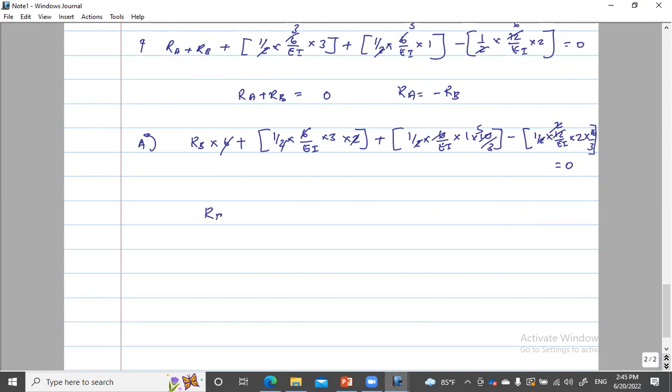So RB is equal to, this one is now 2 into 16 over 3, so that is 32 over 3EI minus 3 over EI minus 5 over 3EI. So if you put everything on the common base, 3EI, 32 minus 9 minus 5.